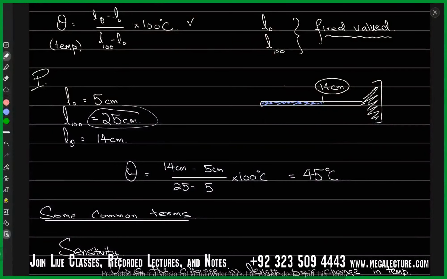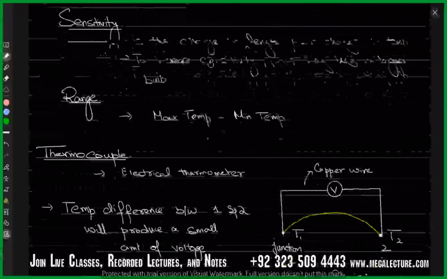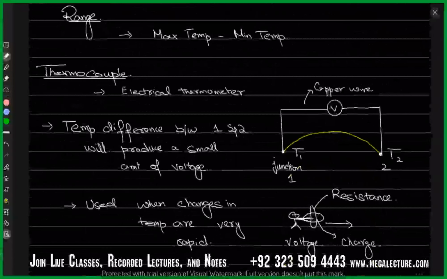So we use a thermocouple when there are rapid changes in temperature where there is no time for this mercury to become stable, and in response to the change in temperature, we get some potential difference. So it would be like beep, beep, beep. You'll get the sound when the temperatures are changing, so you can easily tell that temperature changes are being recorded.